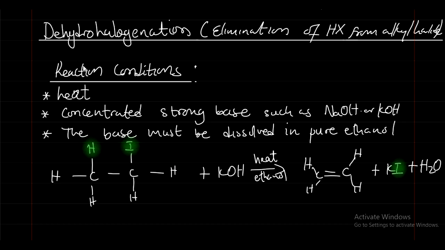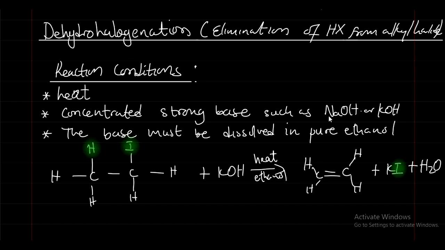So now we have the reaction conditions. We have to heat our haloalkane, and then the sodium hydroxide or the potassium hydroxide, the one that we're going to use as a base.